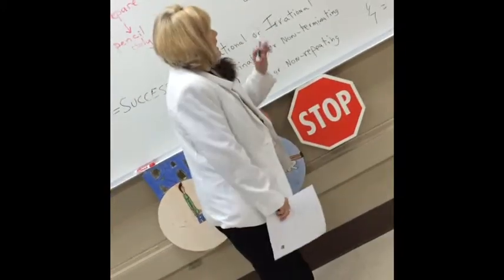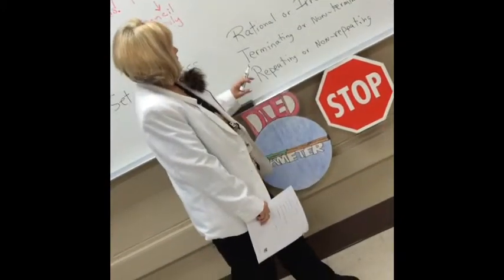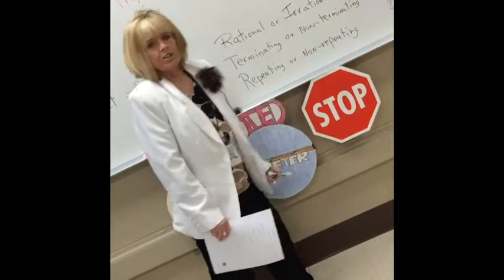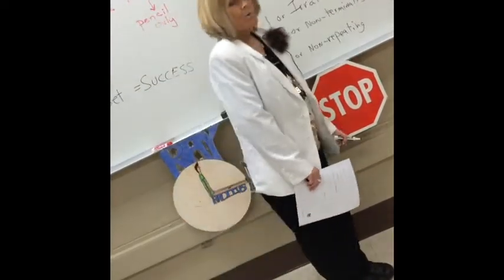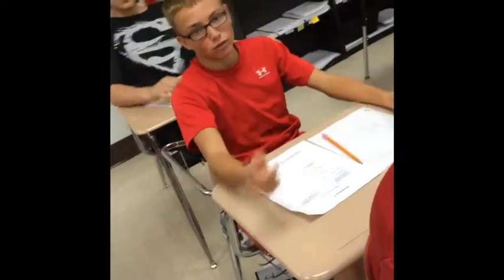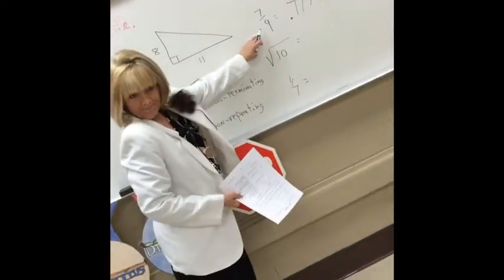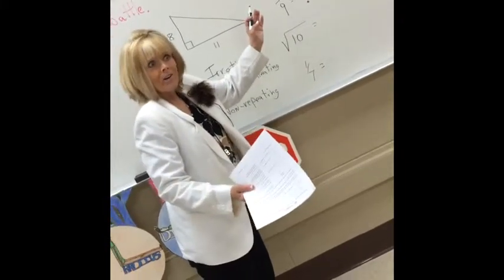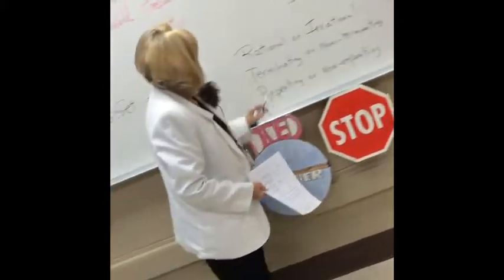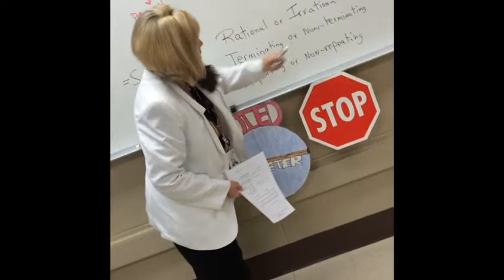Now, is that 7/9 rational or irrational? What was the definition of rational? Can be expressed as a fraction. Good. Is that a fraction? Yes. Then it's rational. Now, is it terminating or non-terminating?